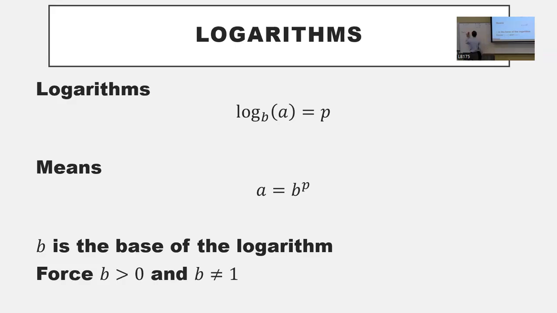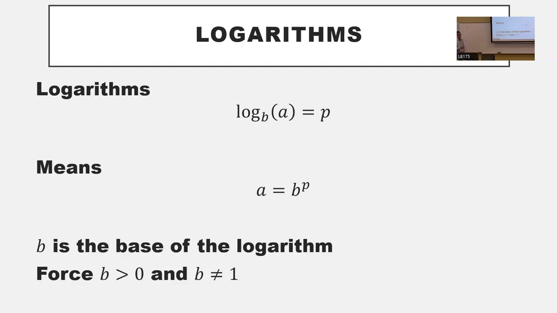So the first thing we need to understand is, what is a logarithm? What is it telling us? It's actually covered here because of its connection to exponents. So we're going to have a log, and then we're going to have a lower subscript of b.